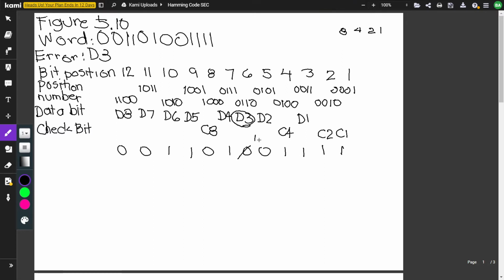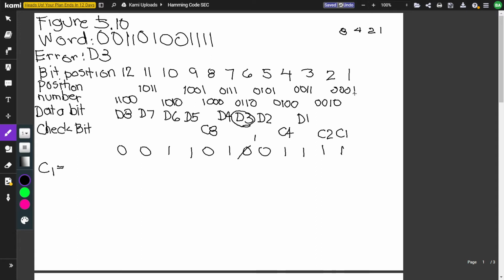So how are we going to prove that that data bit has the error? First, we're going to produce the check bit of the original value. So what is the check bit? First, let's write it for C1.